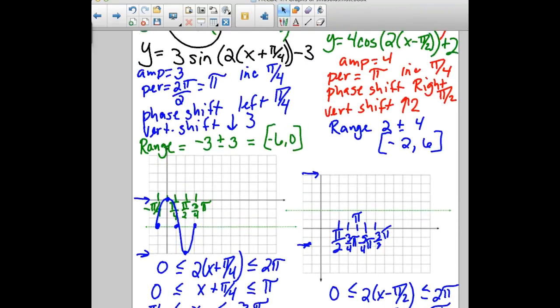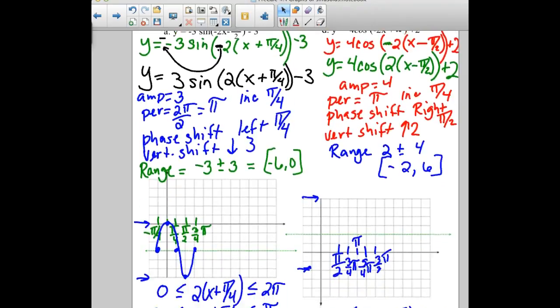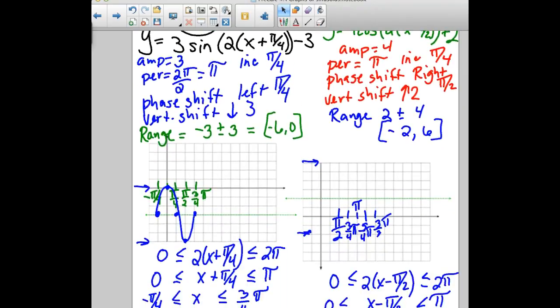All right, and it was cosine. So cosine starts high. So our high point we said was up here at 6. Our new 0 is here on our dotted line. Then our low point we said would be at -2.